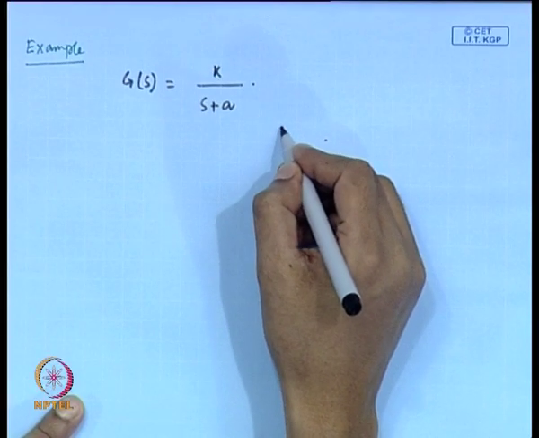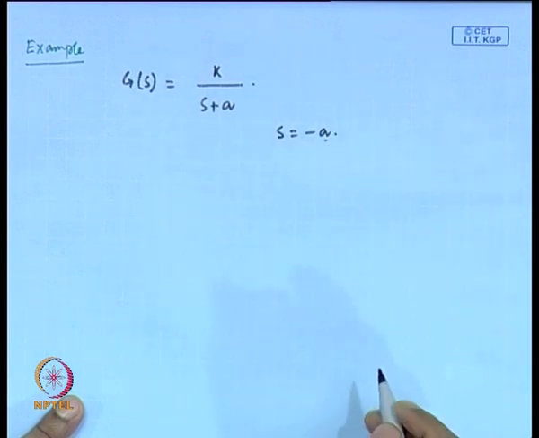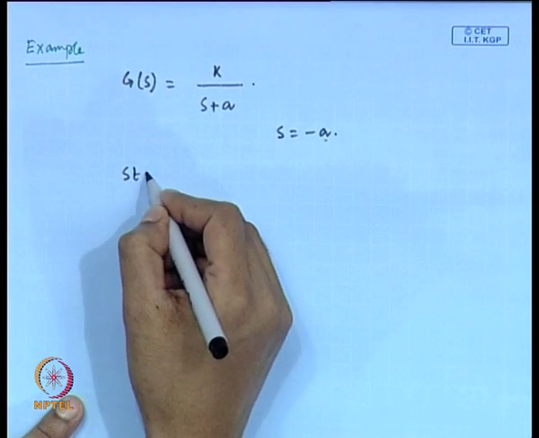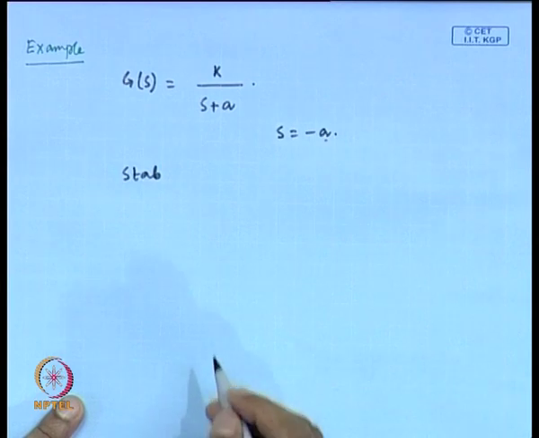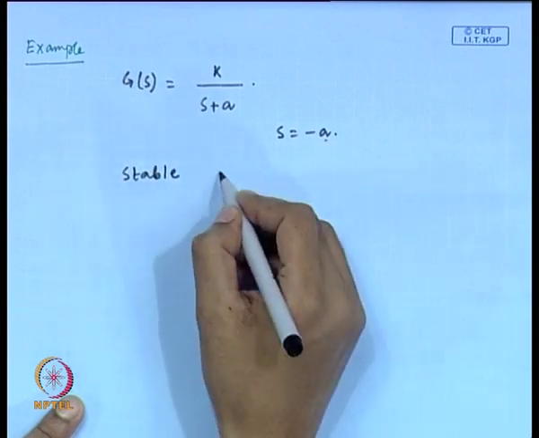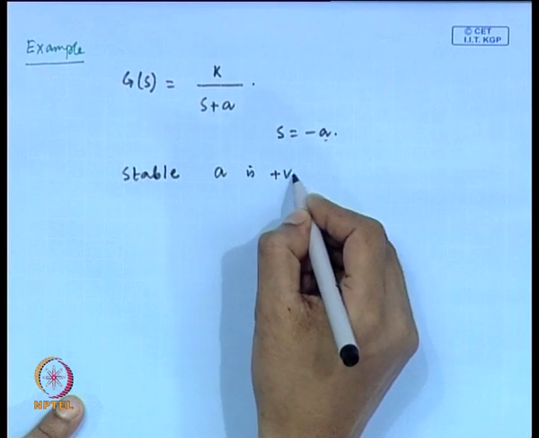Stable system. Why is this stable? Yes, because s is equal to minus A. So, if A is negative, not stable. So, here one pole exists at s equals minus A. So, we can say the system having the transfer function G s is stable only if A is positive.